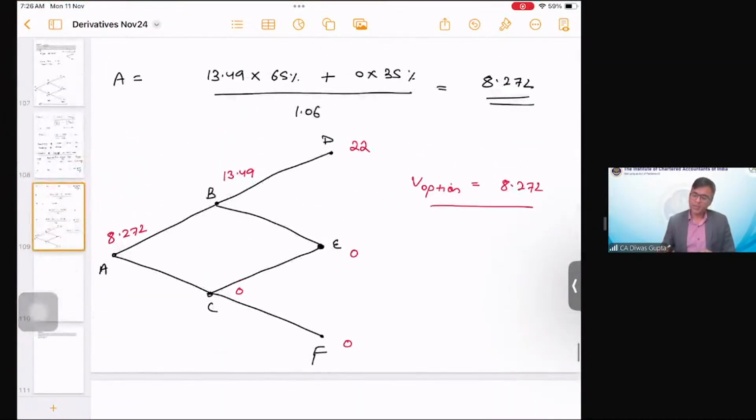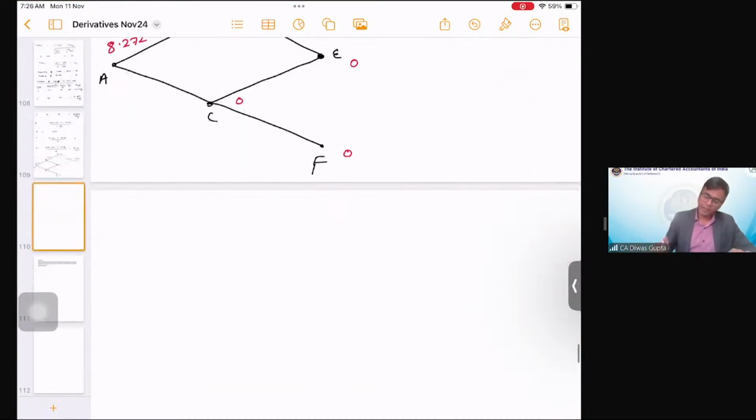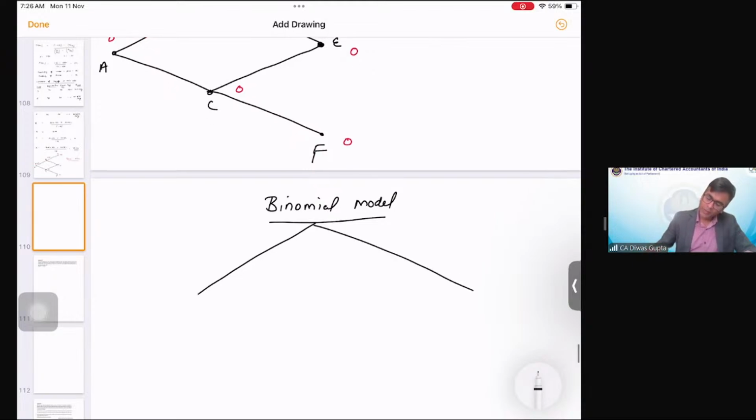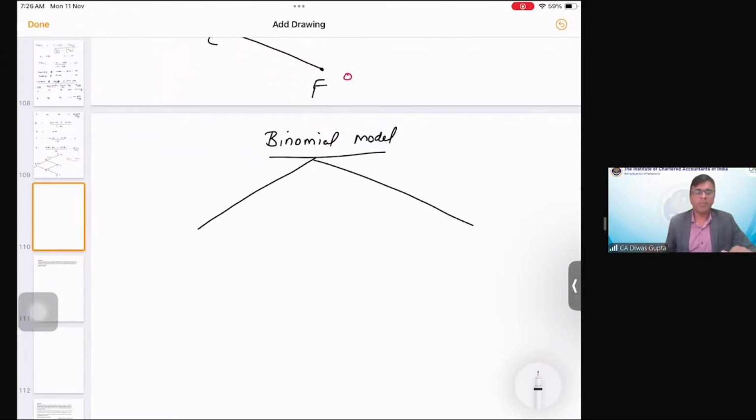Yes. So this was the question. Okay. Now, if I may say, for the binomial model, it is used in both the different types of options.